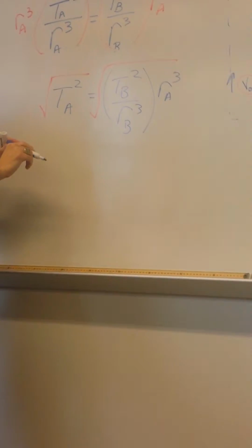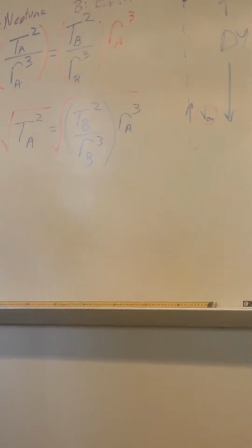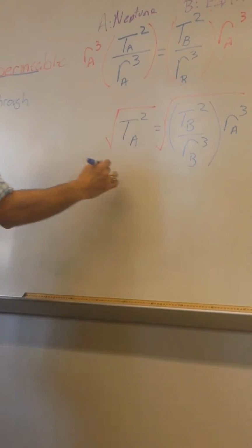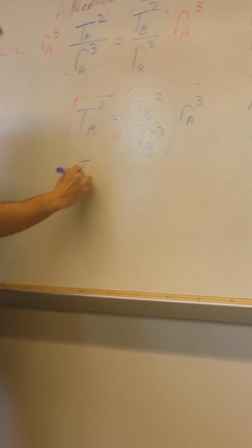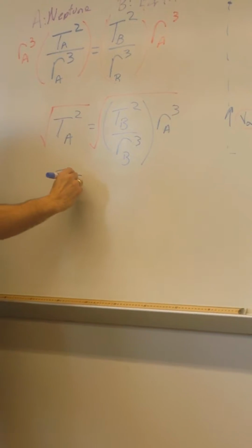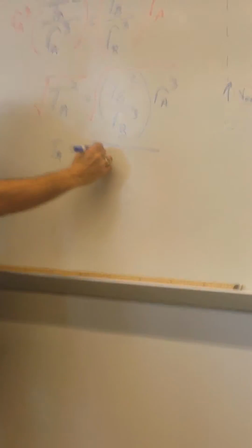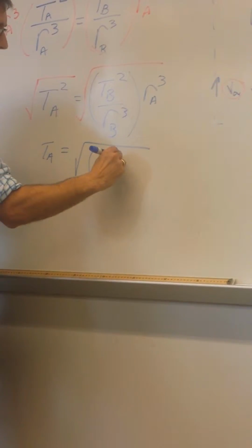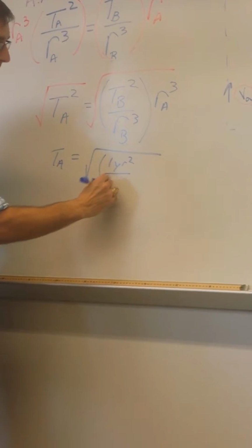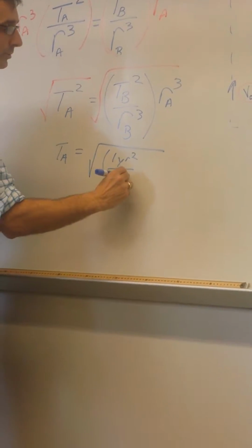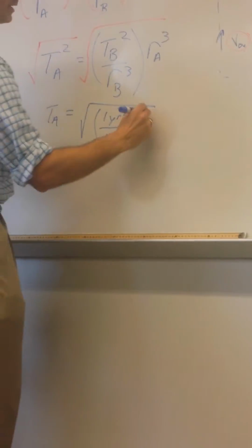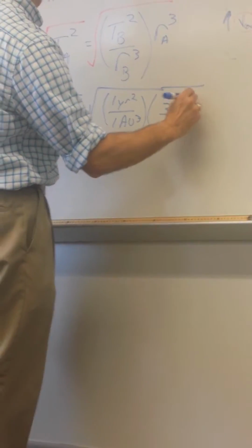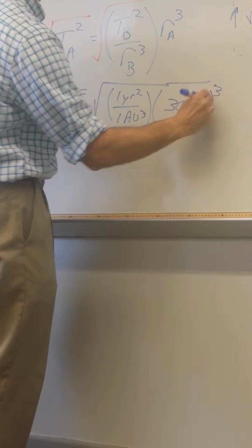Or the average distance. Because, as we know, Kepler's first law, we move in an ellipse, so that orbital radius changes. Alright, anyway, so we've got the square root of 1 year squared over 1 AU cubed times 30 AU cubed.